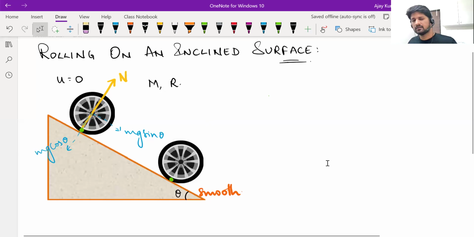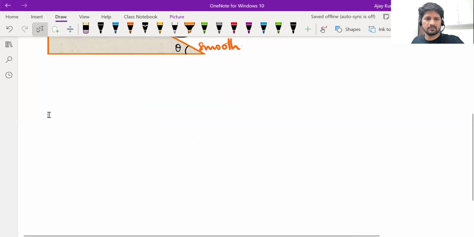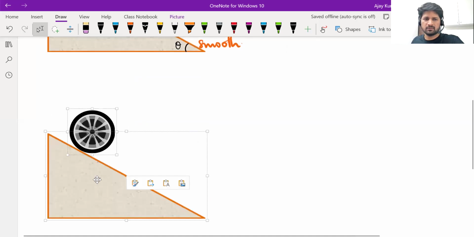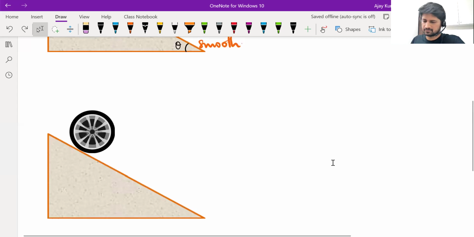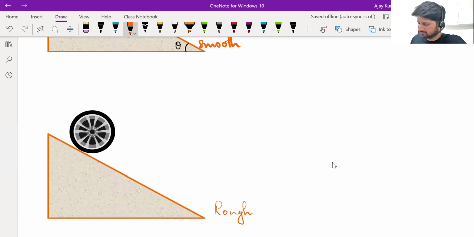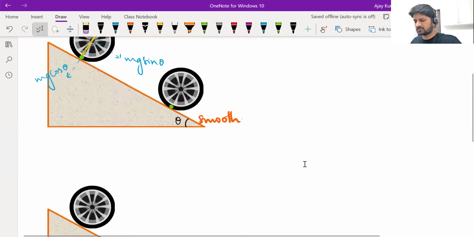What if it was a rough surface? Aishwarya, you try to tell me what would have happened had it been a rough surface. Sir, it will rotate. See, in the absence of friction, we have already visualized what happens. The point of contact skids down the incline.